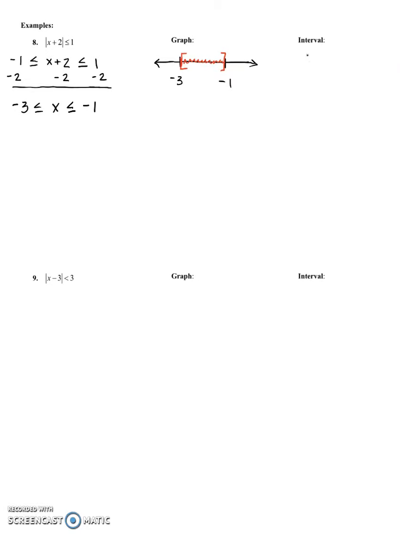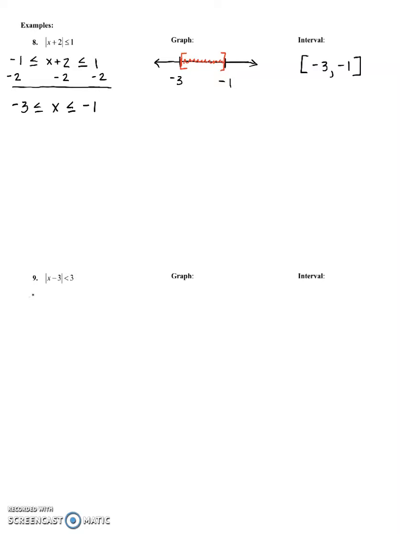And our interval is [-3, -1] with square brackets. Okay, why don't you try to do number 9 on your own after pausing the video, and then you can restart it and see if you got it right.